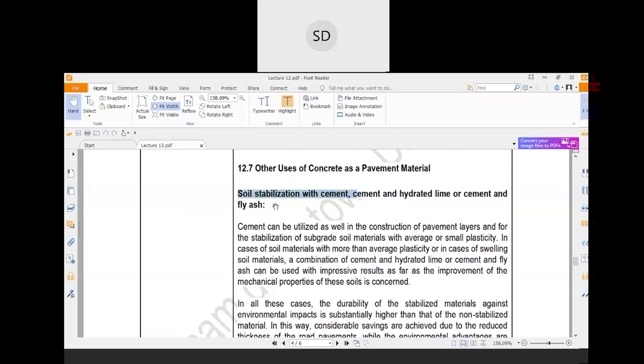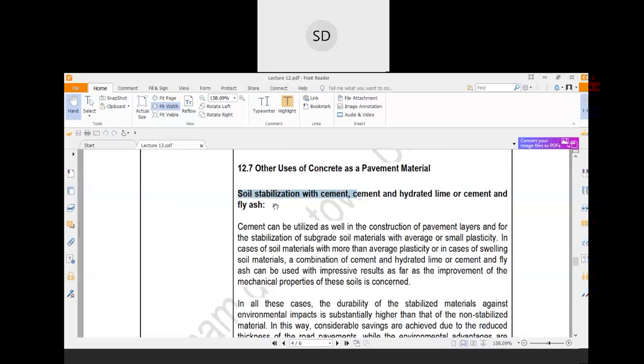If the soil doesn't have adequate strength, it cannot take the stresses coming from the vehicle load. Or suppose the soil is in a loose state, then you need to stabilize the soil so that it can carry maximum load.